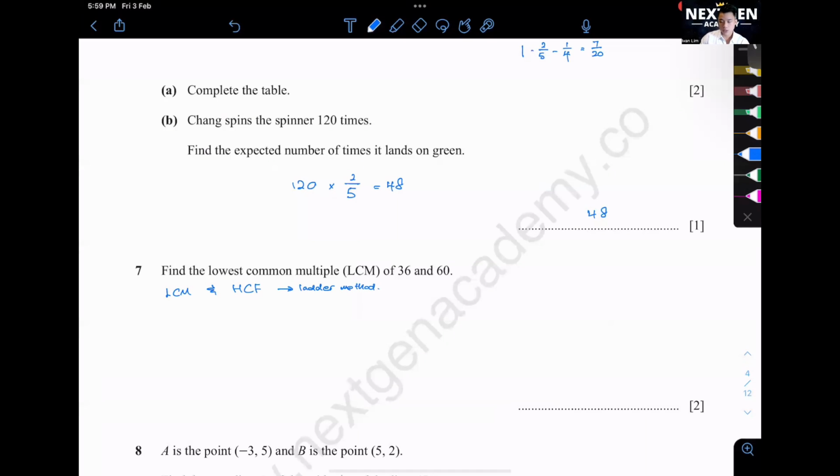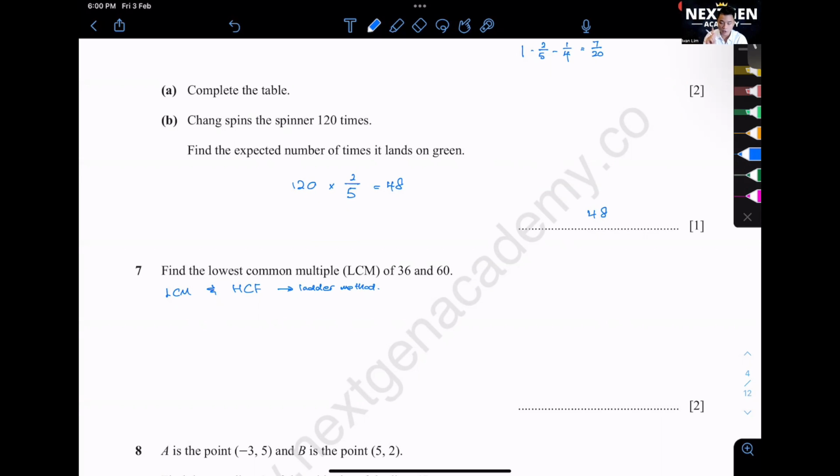What's the easy way that I taught you all to remember how to find the highest common factor and the lowest common multiple? High means high-rise building. Low means your alphabet L.